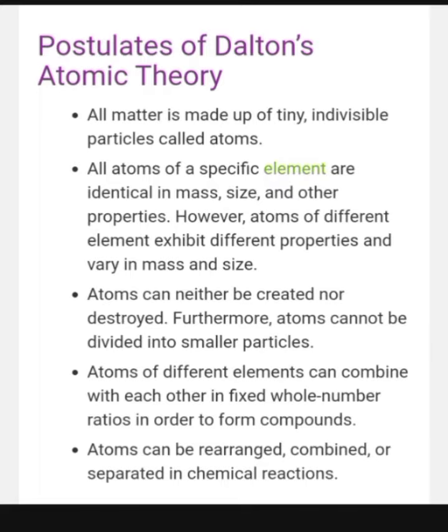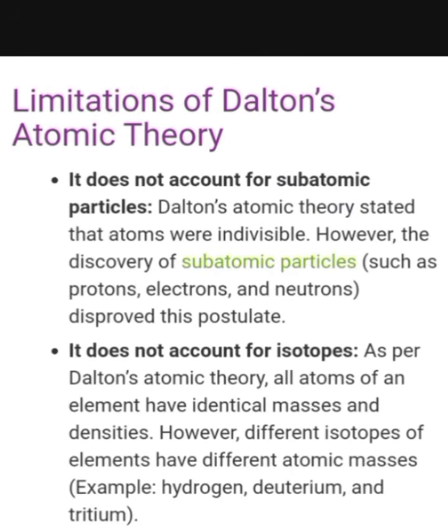The next one: atoms of different elements can combine with each other in fixed whole number ratios in order to form compounds. Lastly, atoms can be rearranged, combined, or separated in chemical reactions. Now, from the modification, the limitations of Dalton's atomic theory are as follows.